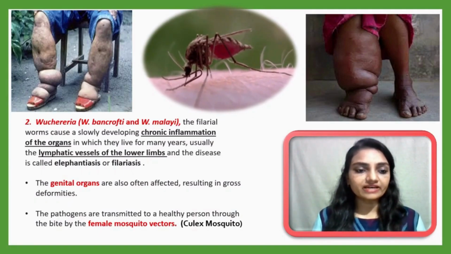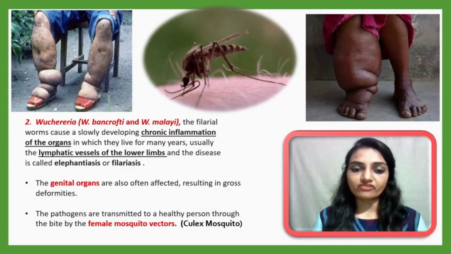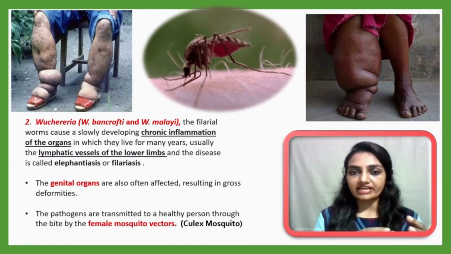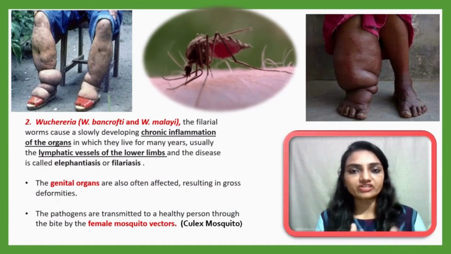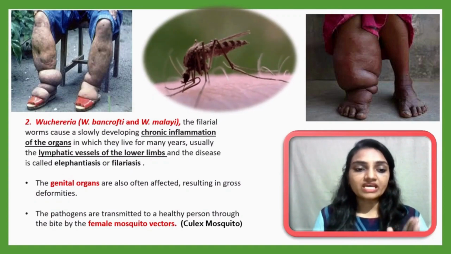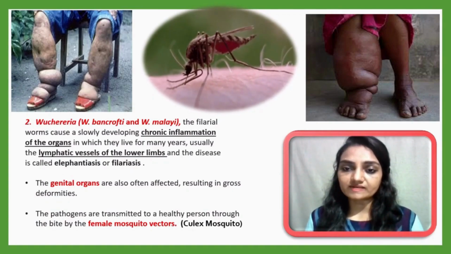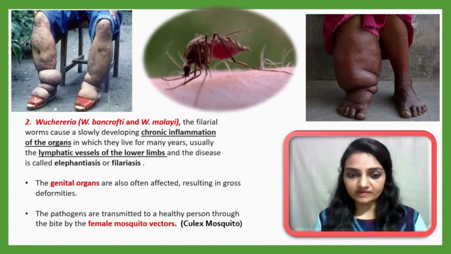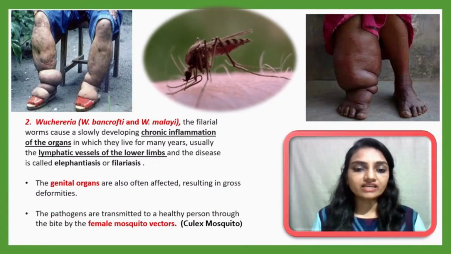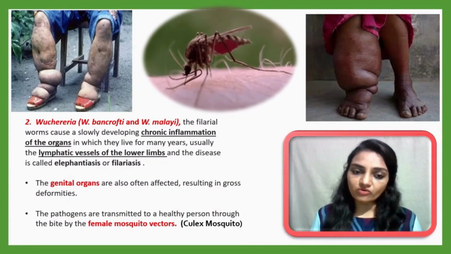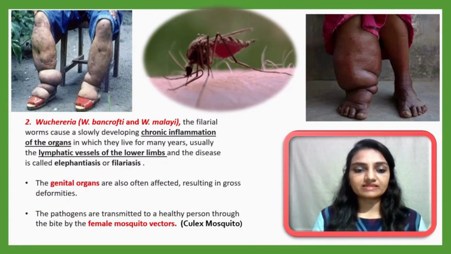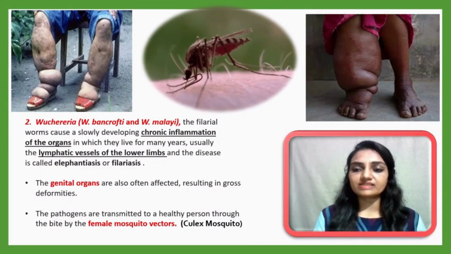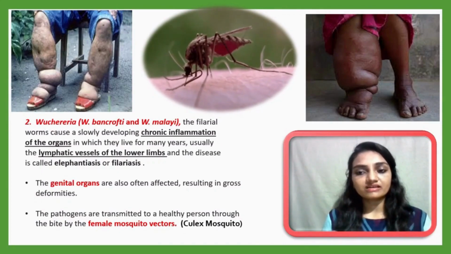The filarial worm causes slow development of chronic inflammation of the organs. Once an organ is infected, chronic infection will develop inside it, in which the worms live for many years, up to 6 to 7 years. Usually the lymphatic vessels of the lower limbs, meaning the legs, are affected, and the disease is called elephantiasis, because here you can see the legs look like an elephant's.